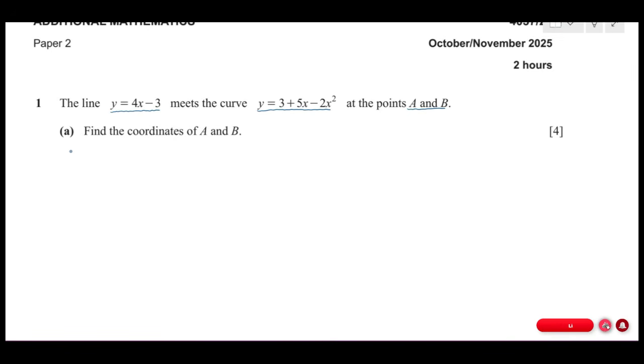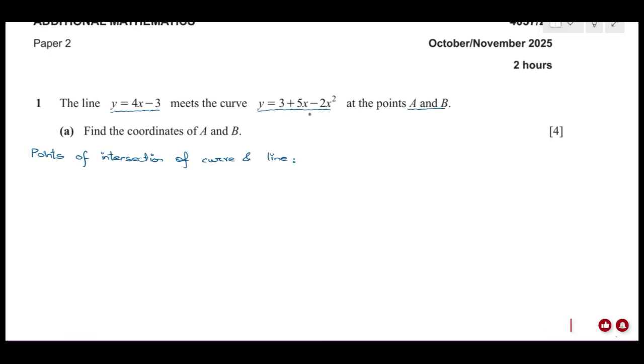Okay, so here we can say points of intersection of curve and line.